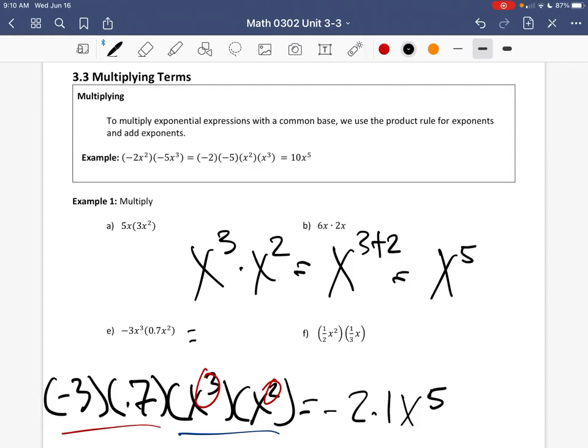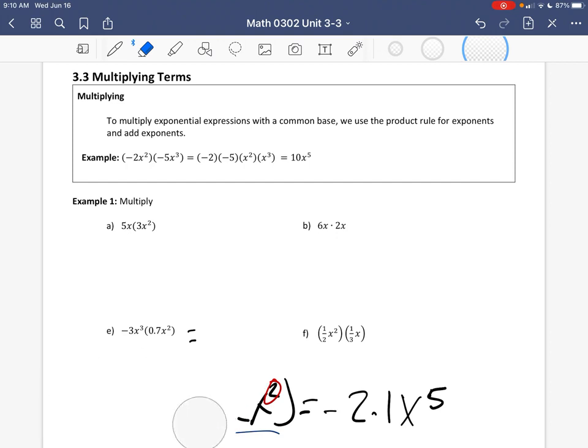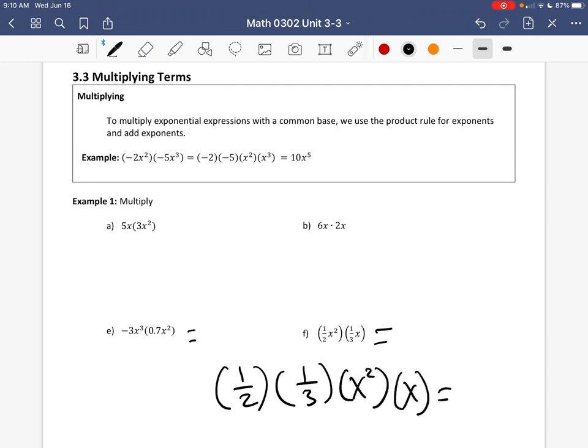Okay, and let's do one last one, just to make sure that everybody's fine with multiplying the terms. Okay, so in part F, again, what we're going to do is we'll move all the coefficients to the front, and then we'll have x squared times variable x.